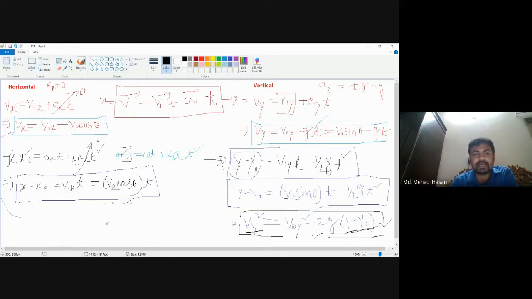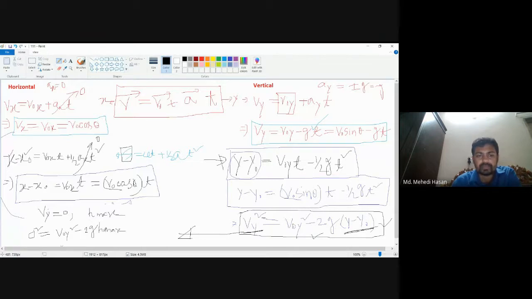So let's see the maximum height. So h max. We know that at the maximum height, the y component of the velocity is 0. So when the y component is 0, that h becomes h max. From the third equation given vertically, we can say 0 square, because Vy is 0 at maximum height, equal to V naught y square minus 2g, and y minus y naught will be the maximum height.